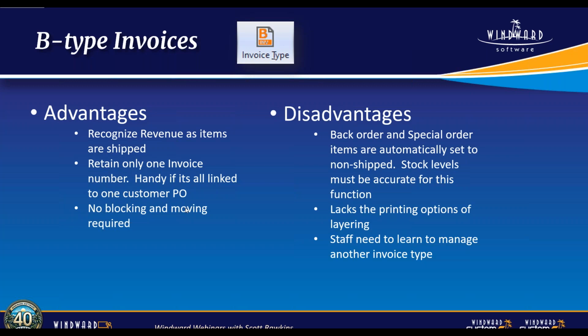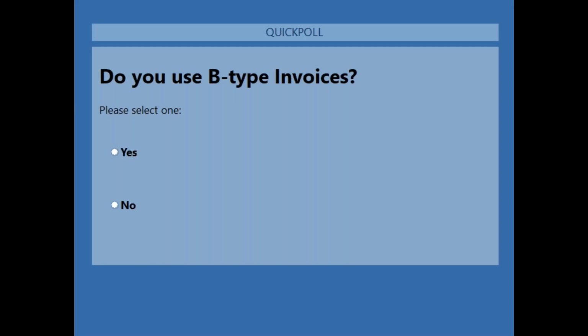There's not as many printing options as the layering, but it still prints. And you just need to teach your staff how to use B instead of A little bit, which isn't that big a deal. Now, what I would be curious to know before we sort of wrap things up, if it's okay, is who uses B-type invoices?